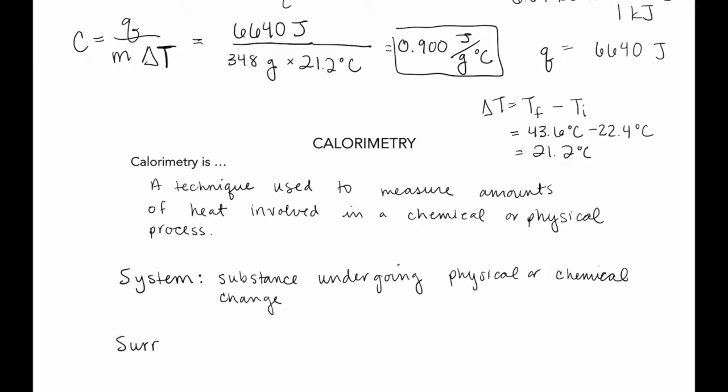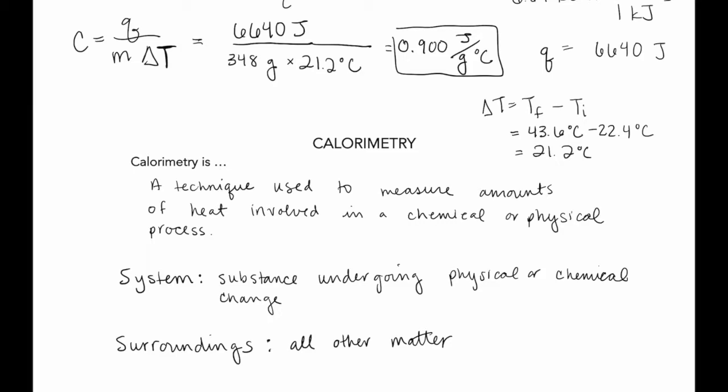Everything else around it we call the surroundings. So the surroundings are all other matter, everything else around the system. And the reason we look at the surroundings is usually the surroundings are involved in the energy change as well.